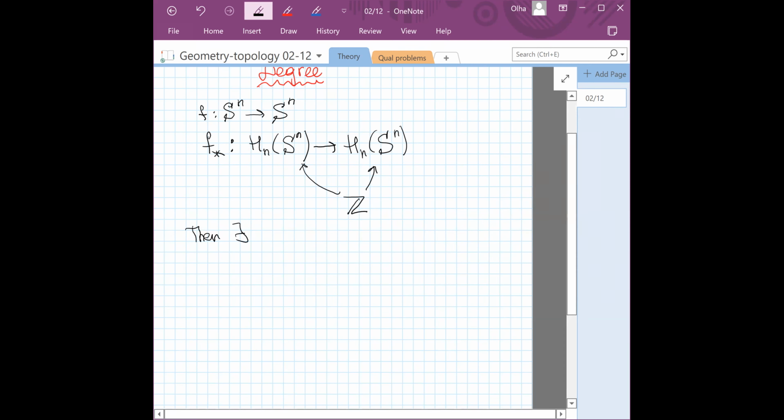Then there exists an integer d so that F star alpha is actually d alpha. The definition is that this d is called the degree of the map F.